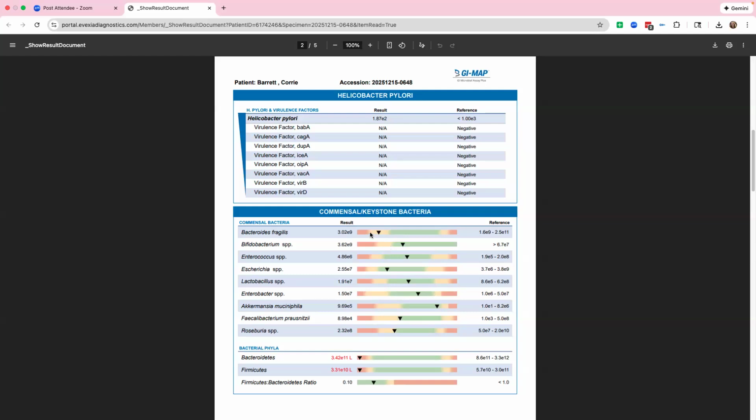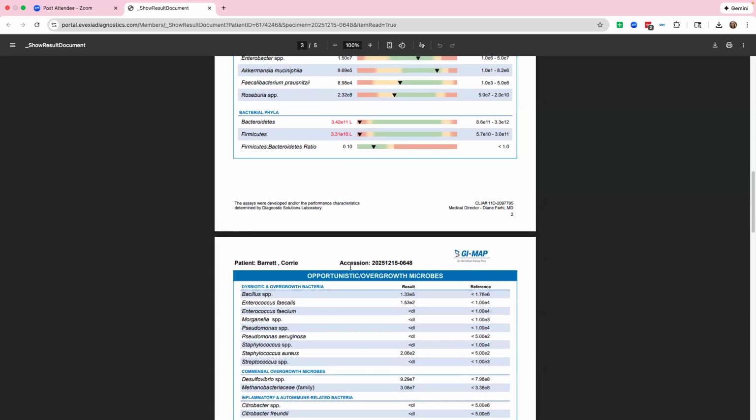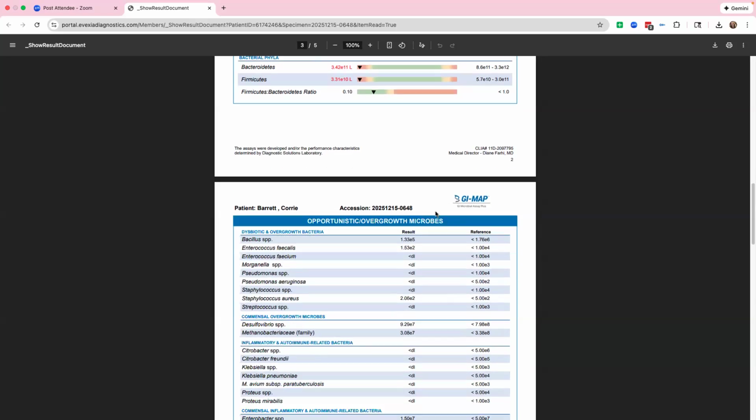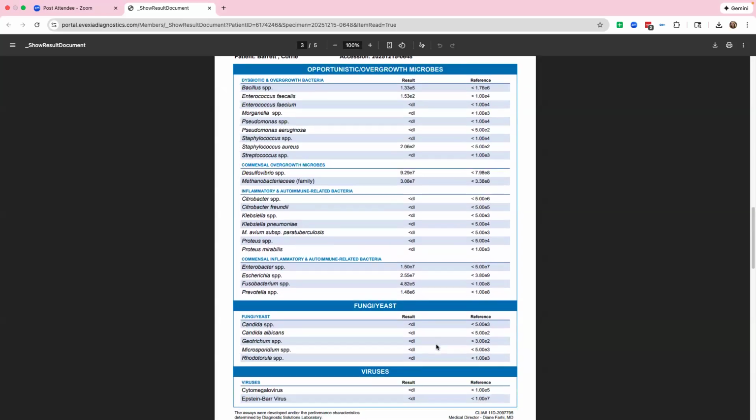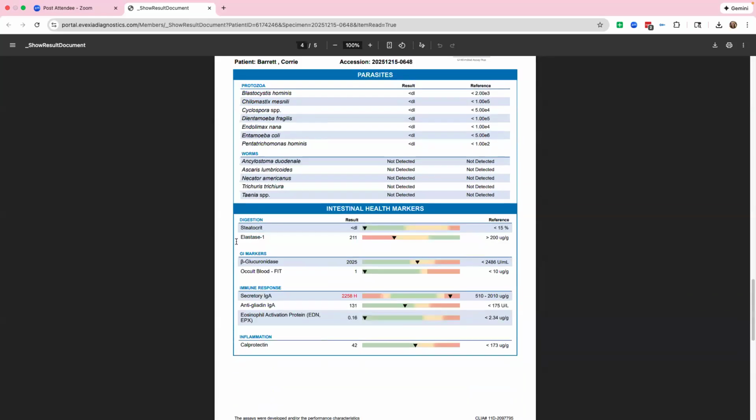The biggest thing that I am seeing here is that you have lower levels of some very keystone species that have some pretty big jobs to do. Not enough good commensal keystone bacteria, so you're working with a skeleton crew. That space has allowed some of these opportunistic bacteria to overgrow, your enzyme output is suffering because of it, and your immune system is a bit reactive because of it.